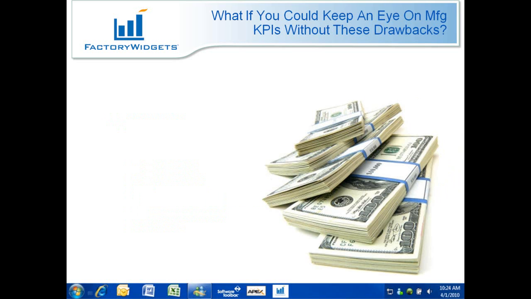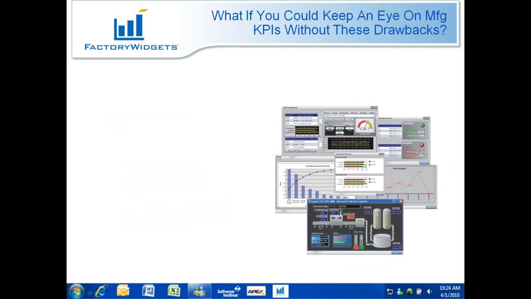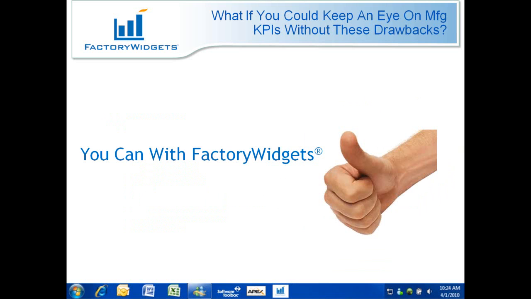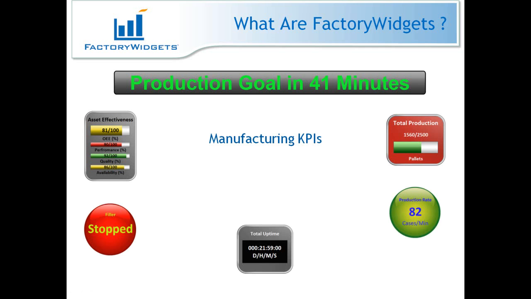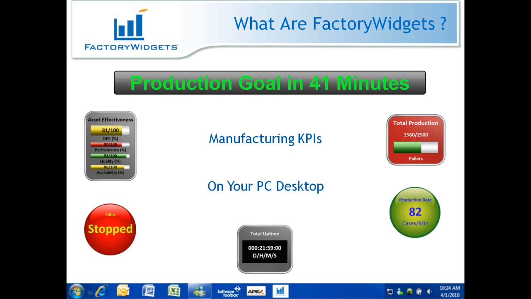Well, what if you could keep an eye on your manufacturing KPIs without these drawbacks? Now you can with FactoryWidgets. FactoryWidgets are manufacturing KPIs. They run right on your Windows PC desktop and don't need a browser or any other application to run.